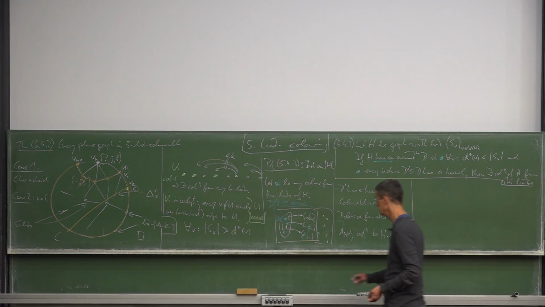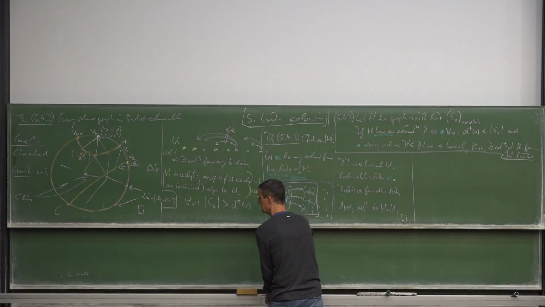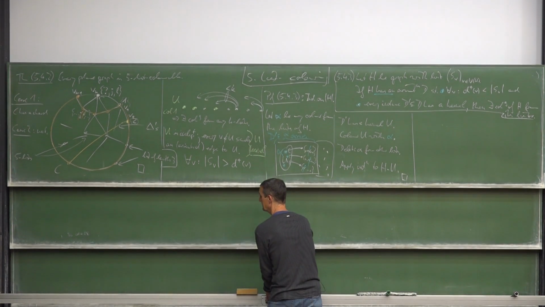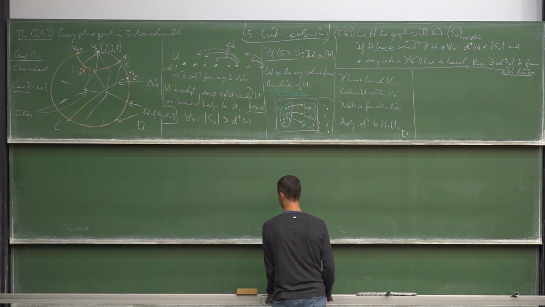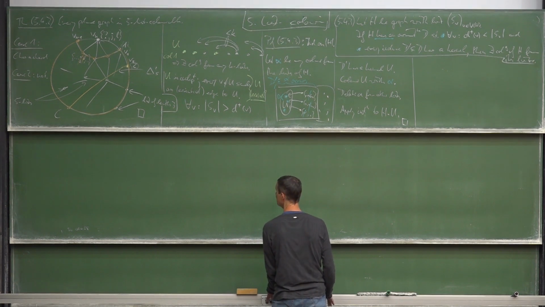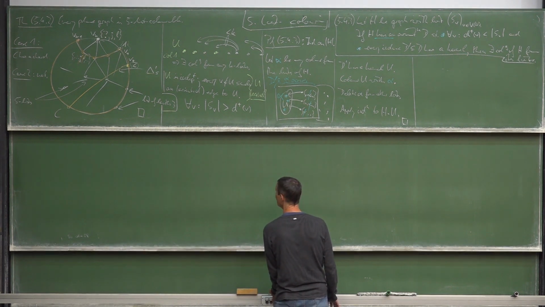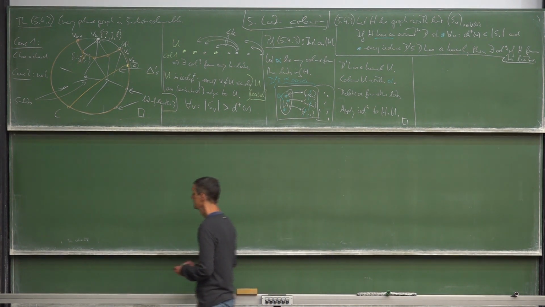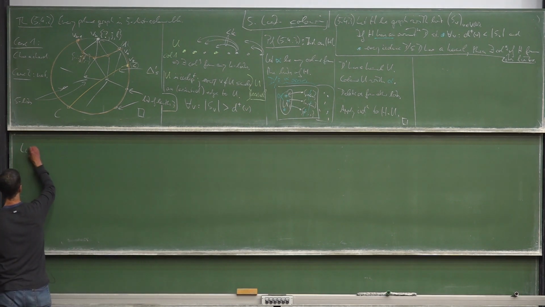Then let me tell you the list coloring conjecture.